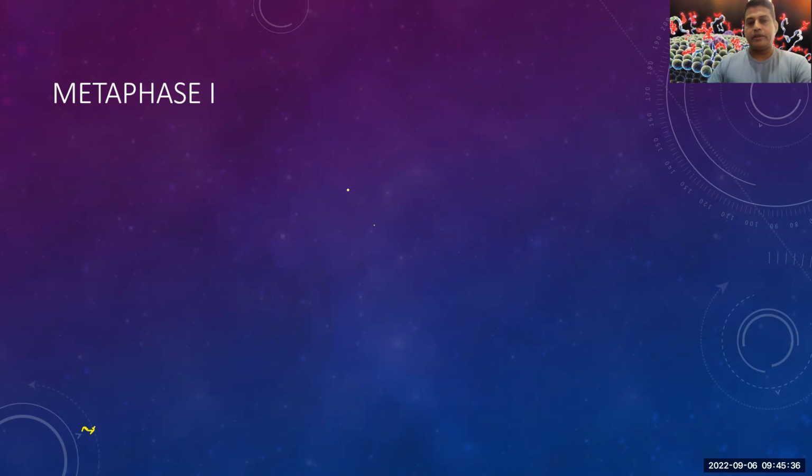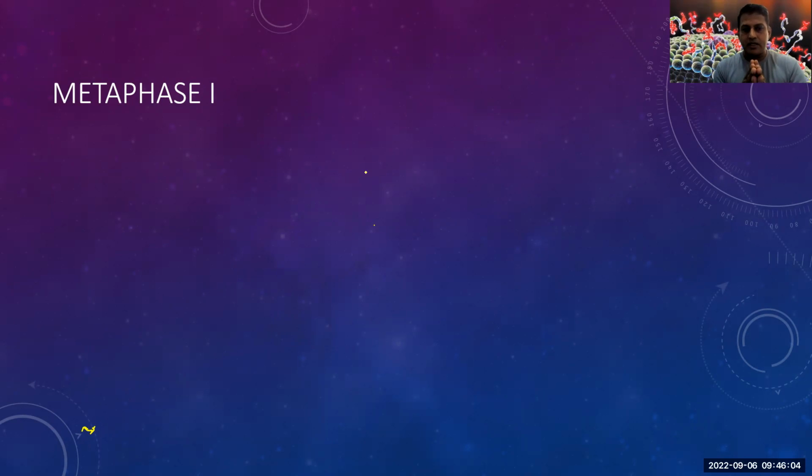Okay, remember mitosis. What is happening in mitosis? Metaphase in mitosis, the chromosomes align at the equator, the metaphase plane, right? All the chromosomes align in the equator.